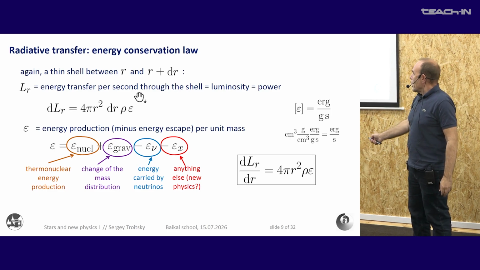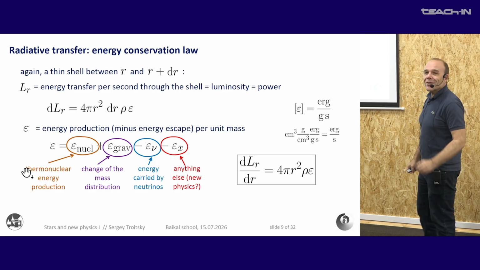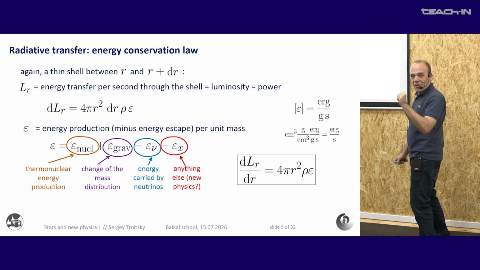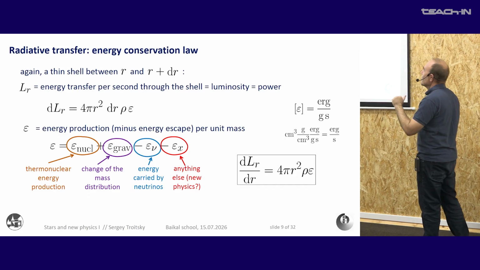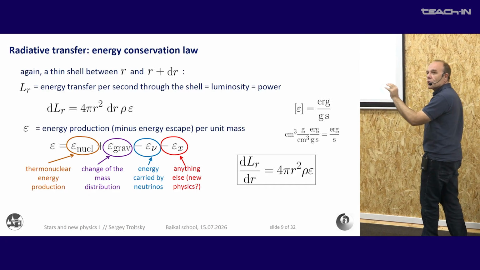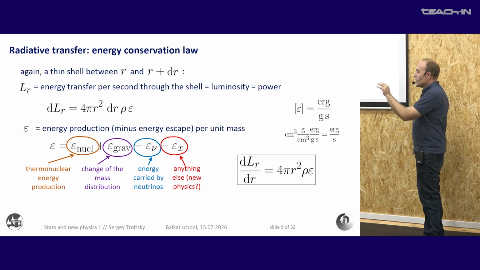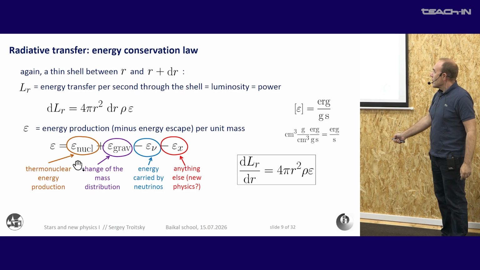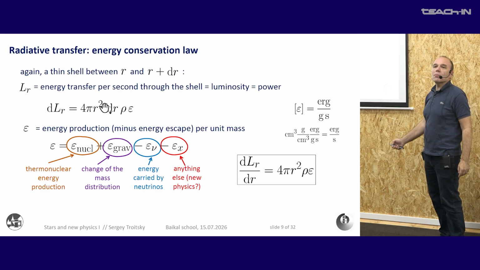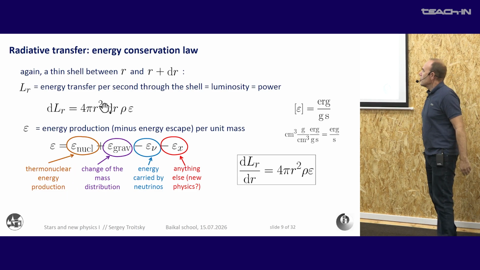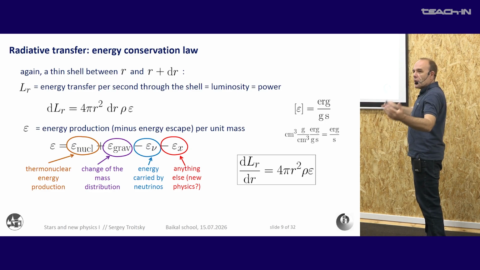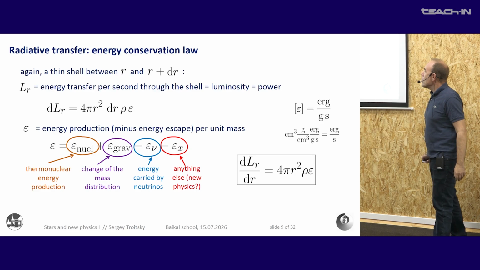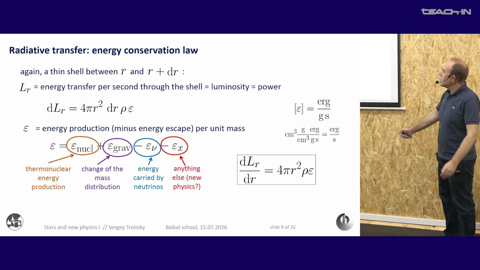What is epsilon? Epsilon is that tricky coefficient which depends on everything, on all physics, on all microscopic physical processes in the star. It includes the thermonuclear energy production, if any, because not everywhere in the star do thermonuclear reactions go, only in the central part.